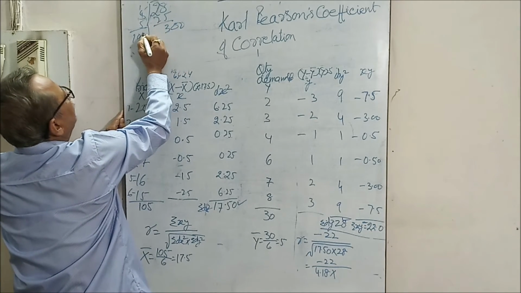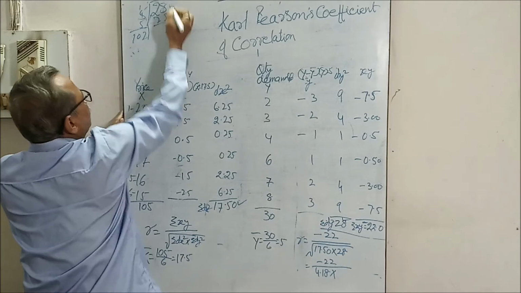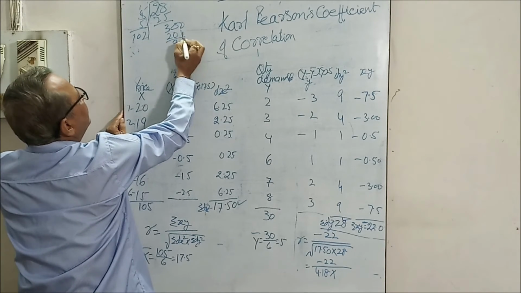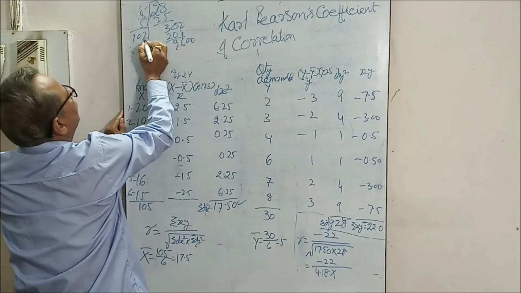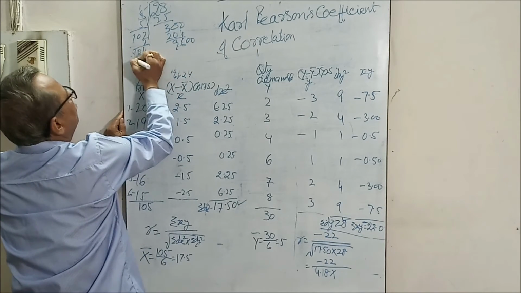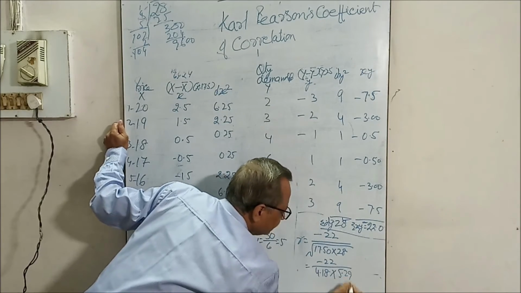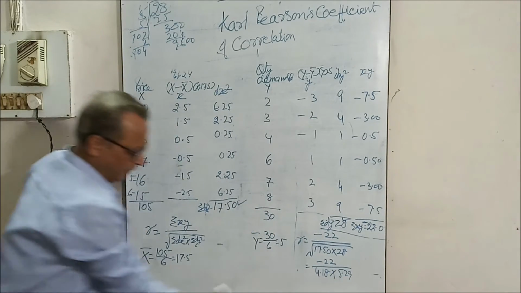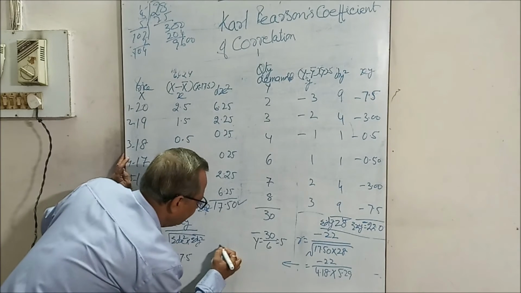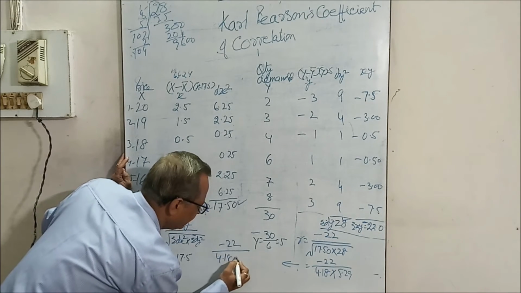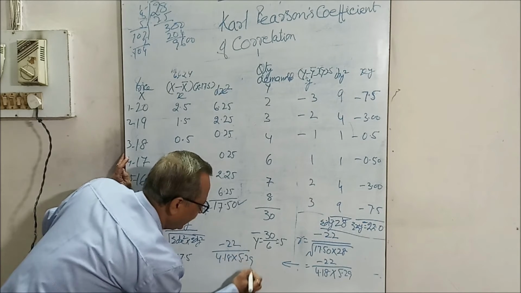Now multiply both. I am showing here minus 22 upon 4.18 into 5.29.